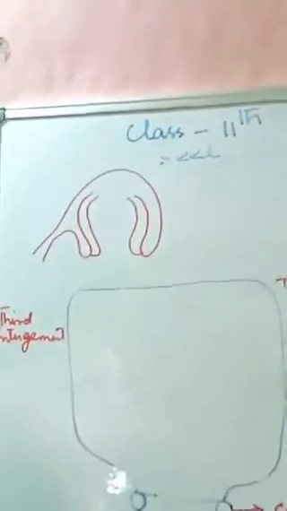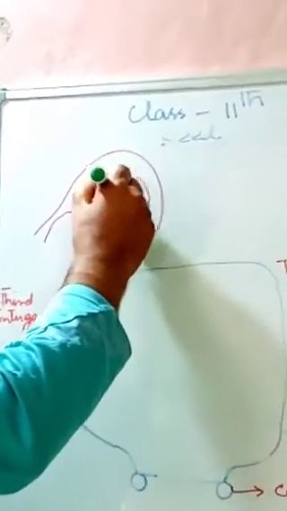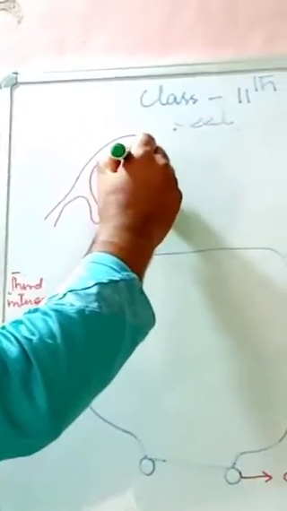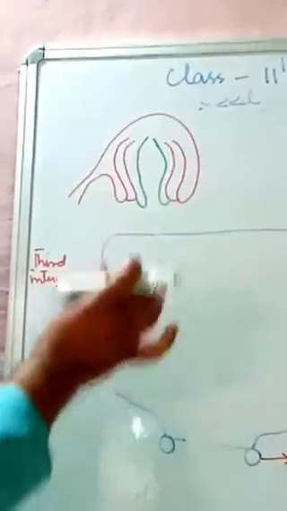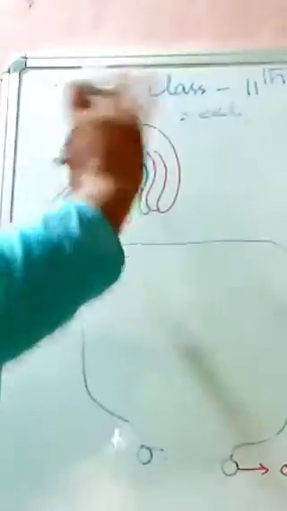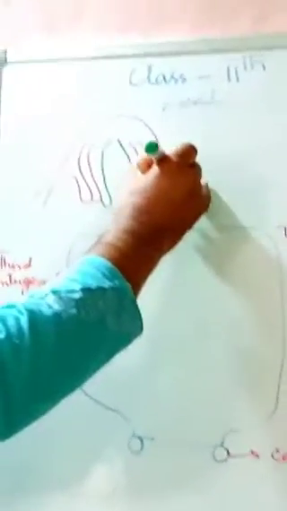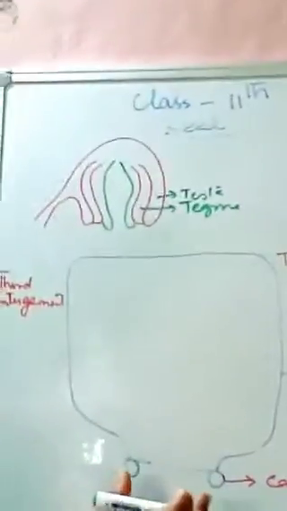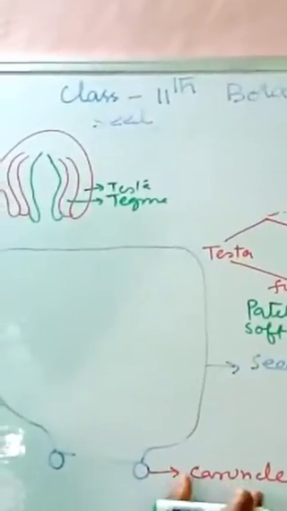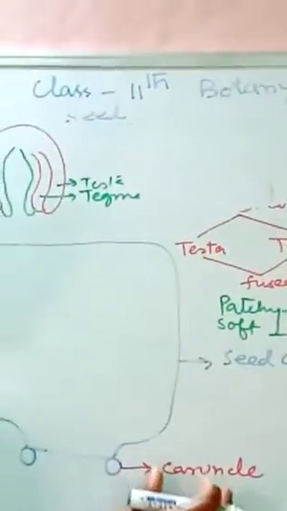Then there is the third integument which is found there. When this ovule has developed into the seed, this gets converted into the testa, this gets converted into the tegmen, and this third one develops into these outgrowths which are present at the micropylar end. This is called the caruncle.